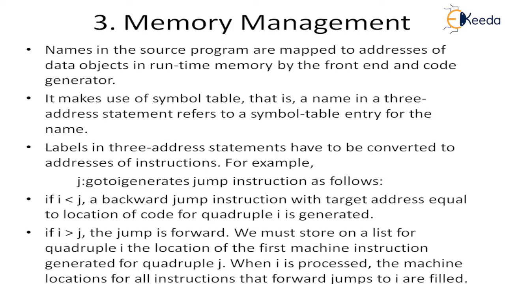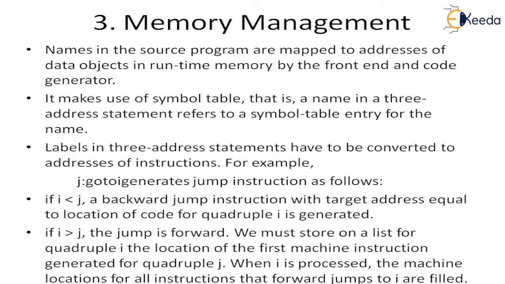After that, the labels in the three address statement have to be converted to the address of the instruction. For example, I have shown it on the slide. Just consider the example j: goto i, generate the jump instruction as follows. Here we have to find out whether i is less than j or i is greater than j.